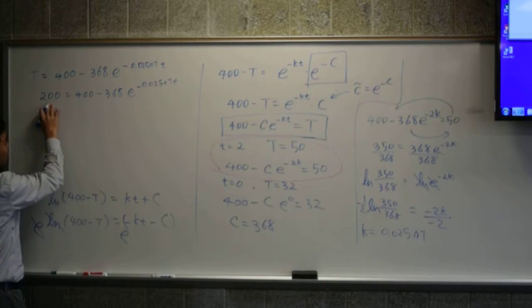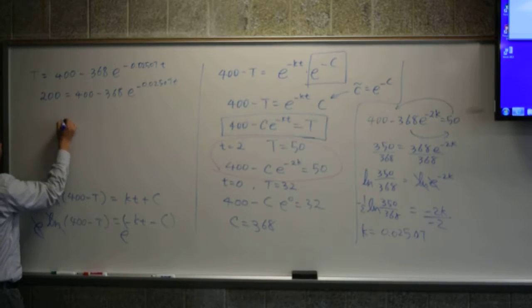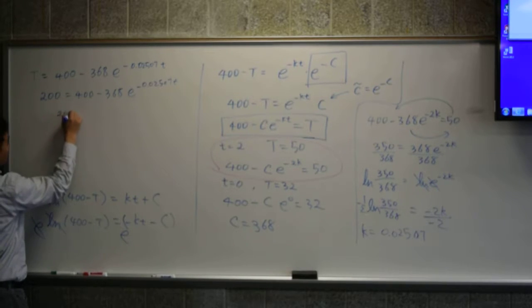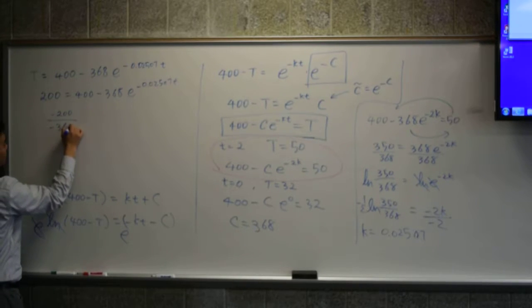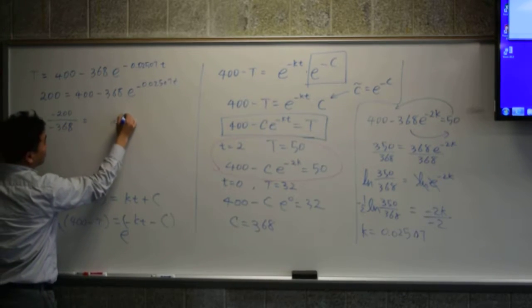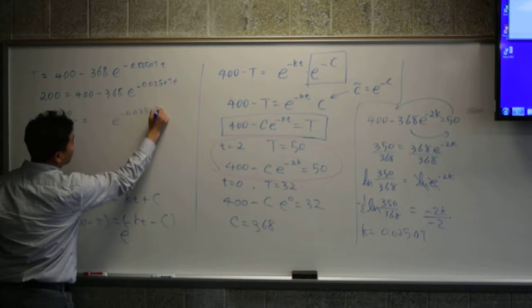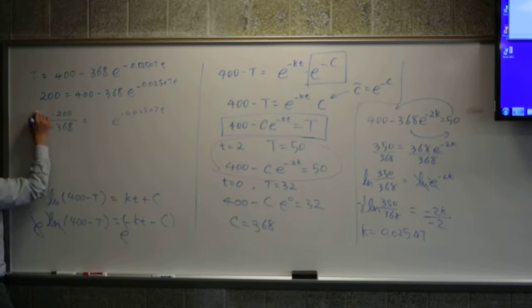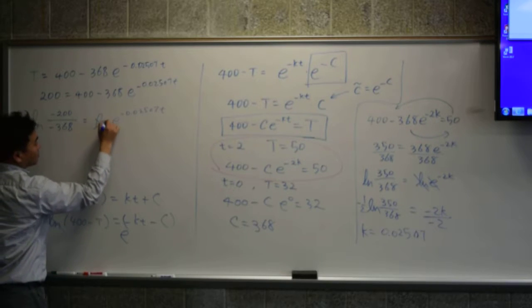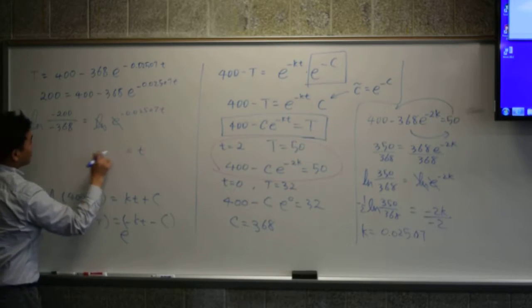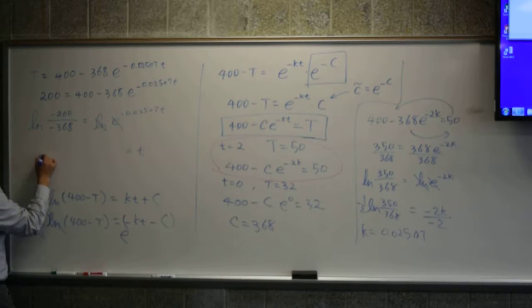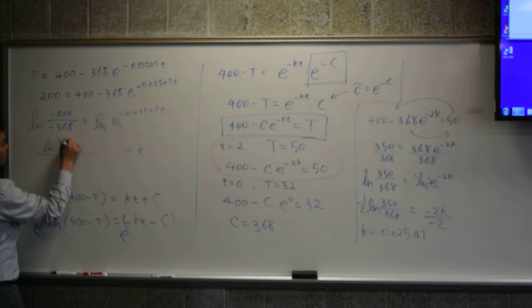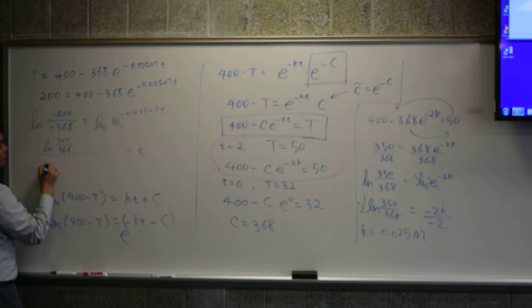Let's subtract 400 and divide by negative 368. That gives you negative 200 divided by negative 368 equals e to the negative 0.02507 t. To get rid of this e, we take ln, and therefore t is obtained when you divide this value by this value. So it will be ln of 200 over 368 divided by negative 0.02507.